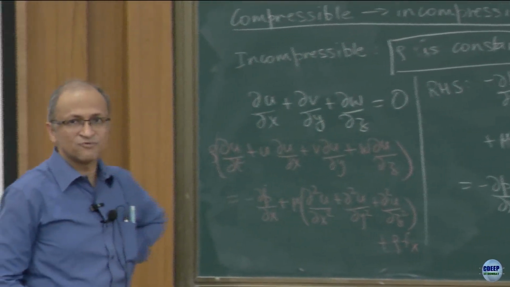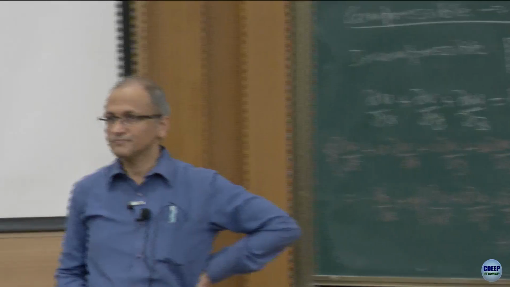I will pause to see what the questions are. Why have we neglected the line force? So we can see that in this case it is not contributing to stresses, for example. We saw that there is a stress term, and that stress was the force per unit area.